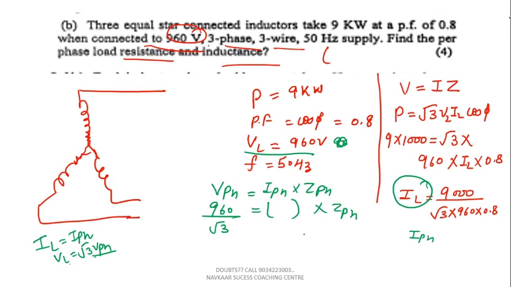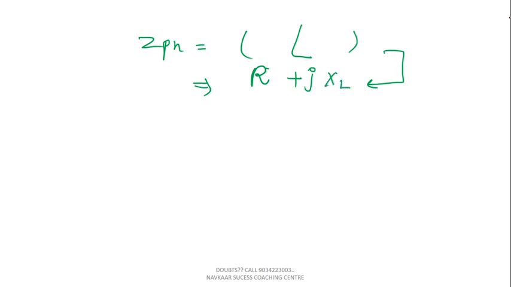You need to tell me in the comment box what would be the value of IPH, and accordingly what would be the value of ZPH. After getting the value of ZPH, you will get a certain value in polar form, right? Convert this polar form into rectangular form, then you will get it in the form of R plus JXL.